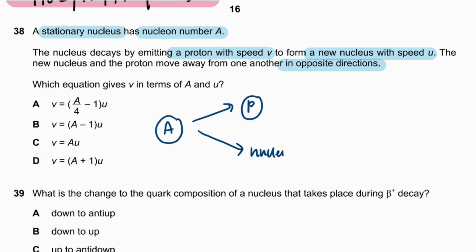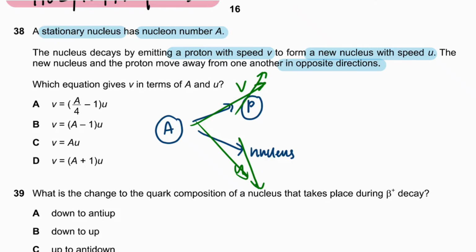So they say it moves in opposite direction. After this nucleus decays, it emits a proton, and the proton moves in this direction, and the nucleus moves in this direction. So the proton moves with speed v, the nucleus moves with speed u in the opposite direction. So it's opposite direction in a way, right?